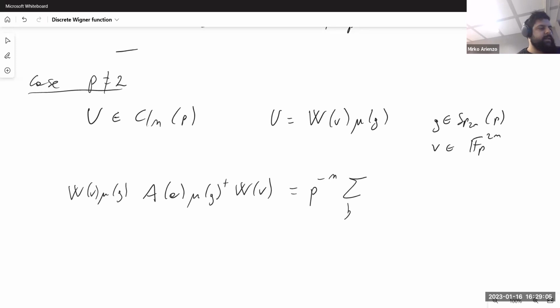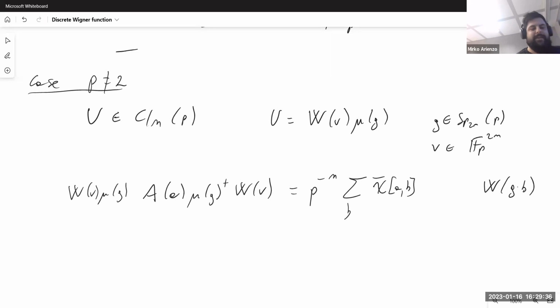And now there is a W of GB, and this comes from the action of mu. Then there is a chi of AB, and this is still from the definition of the phase point operator.